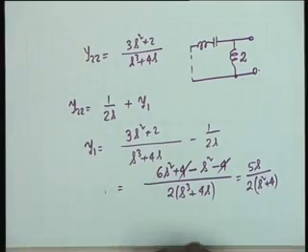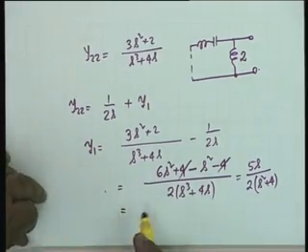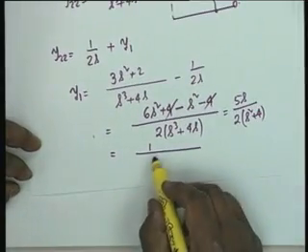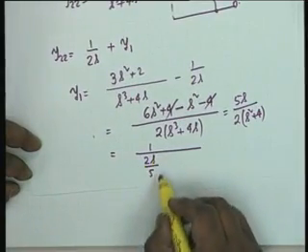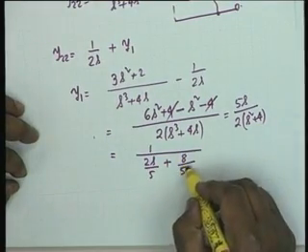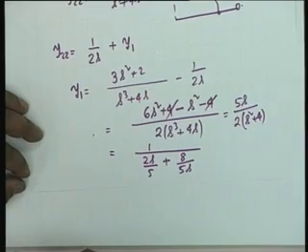Agreed? This I can write as, let's go ahead with the synthesis. I can write this as 2s by 5 plus 8 by 5s. Agree?